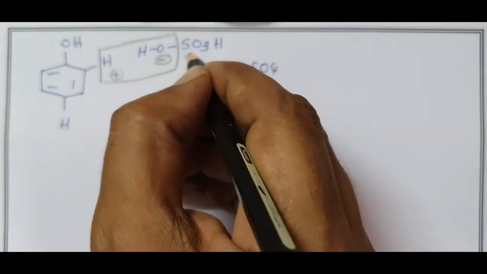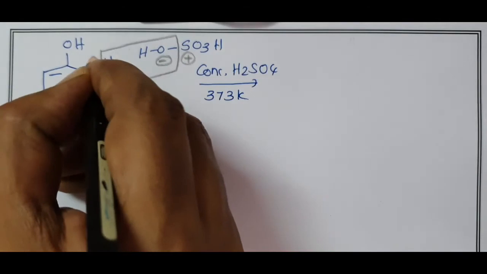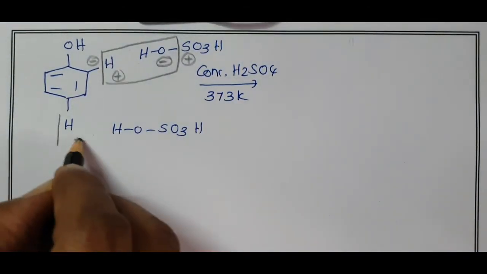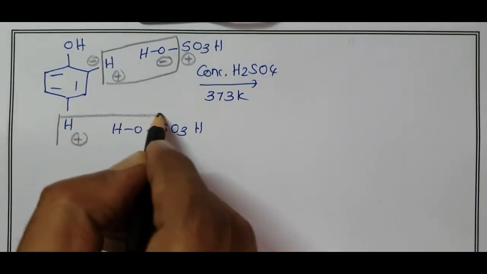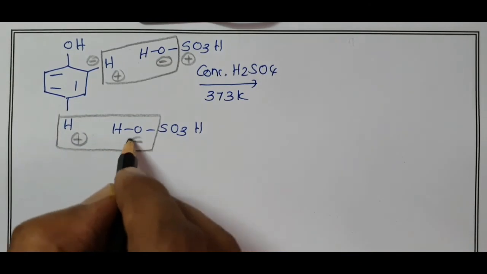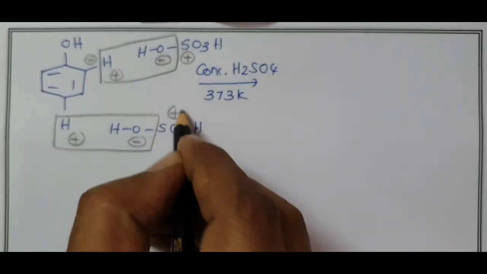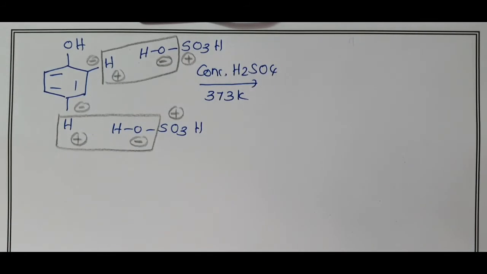SO3H plus is directly added to the ortho carbon. One H plus from the para carbon and OH minus are removed as H2O. SO3H plus is added to the para carbon.